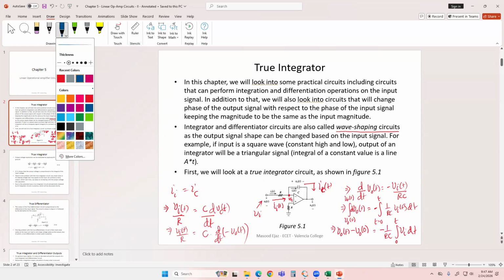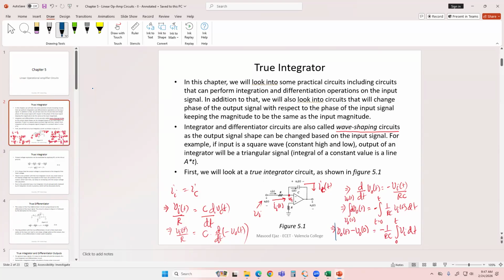And that shows you, if the initial voltage at the output is 0, then simply V out(t) is going to be negative 1 over RC, the integral of the input voltage between 0 and time t dt.